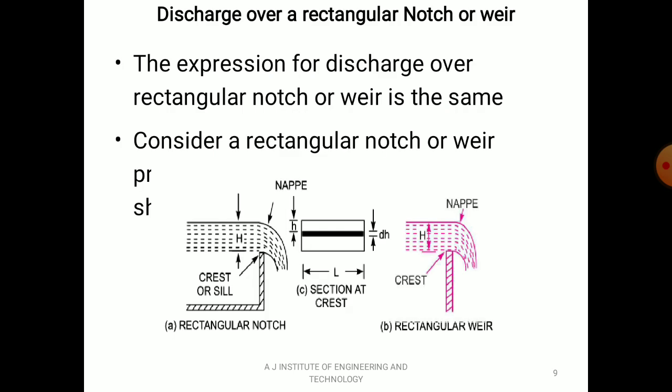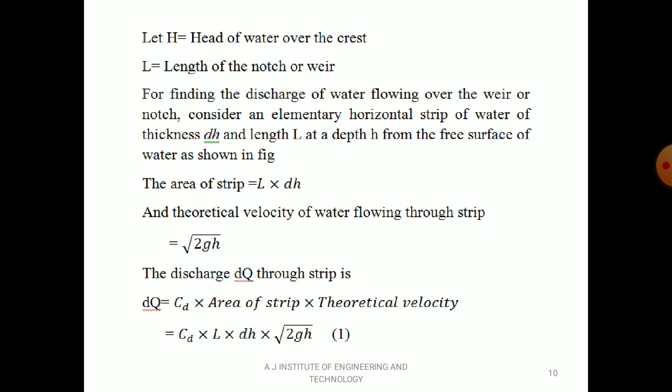In order to derive the expression for discharge, we have to consider a horizontal strip of water with thickness dh, at a distance small h from the free surface, and the length of that strip is capital L, as shown in figure C. The area of the strip equals thickness into length, so L into dh.